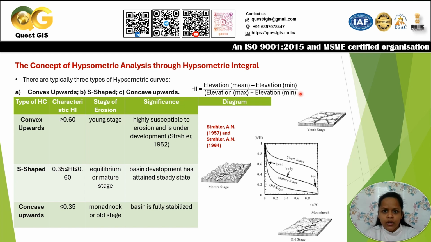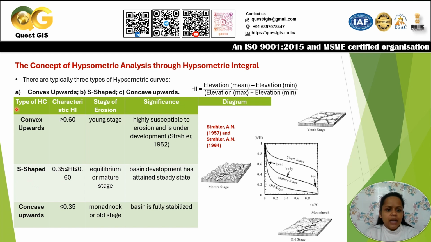You can do this calculation for a single pixel as well. Pixel by pixel you can calculate this HI value and see the distribution, or identify the patterns in your study area. That again we are going to learn in our upcoming series.